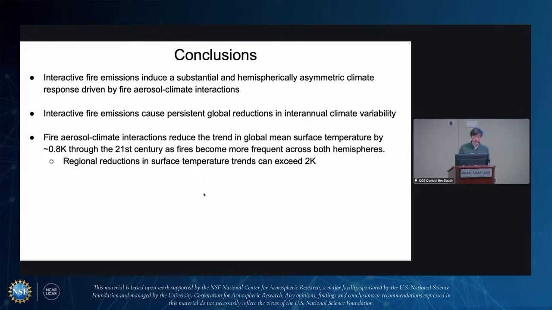And finally, the fire aerosol climate interactions reduce the trend in global mean surface temperature by about 0.8 degrees throughout the 21st century, and regional reductions in surface trends can be more than 2 degrees with interactive emissions.